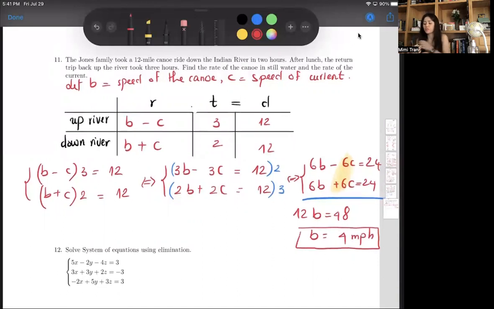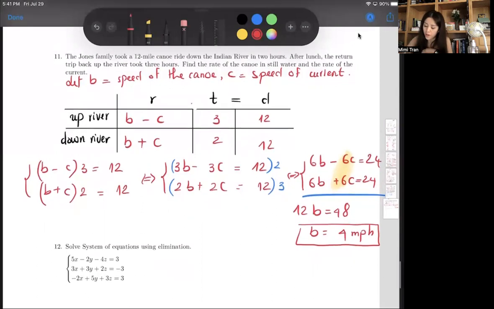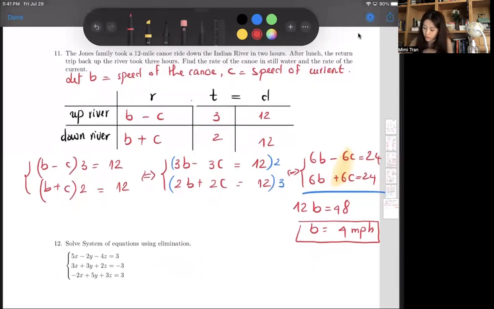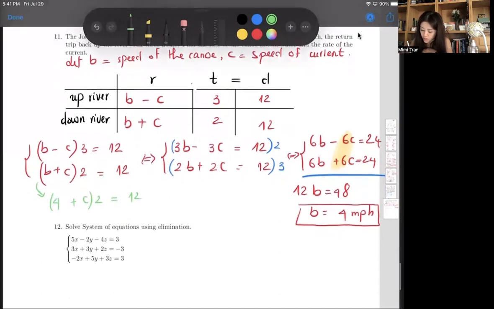And now you have to solve for the speed of the current. Pick an equation and plug it in, right? So maybe I'll pick this one. B is 4, plus C, times 2 equals 12. 8 plus 2C equals 12. 2C equals 4.